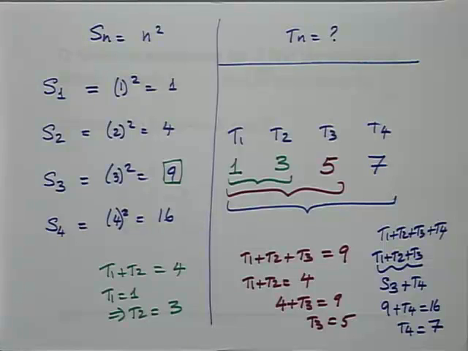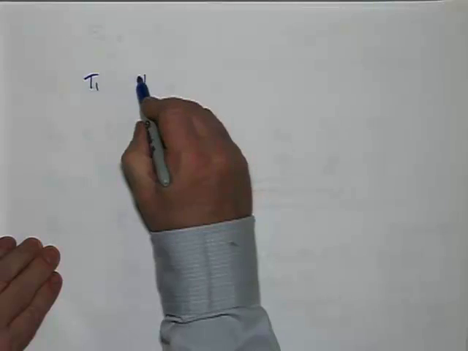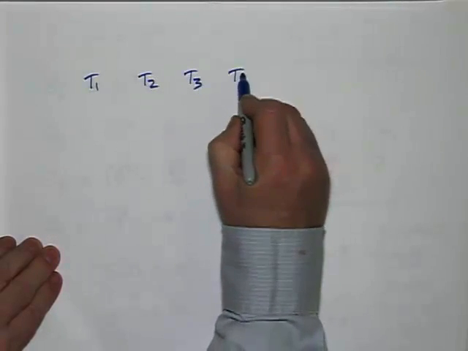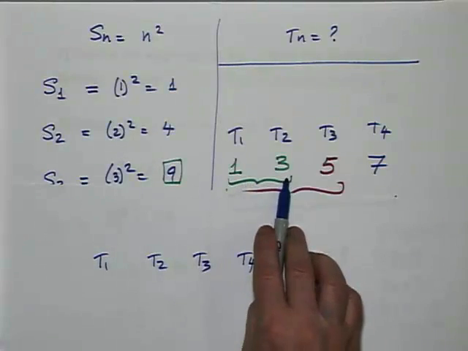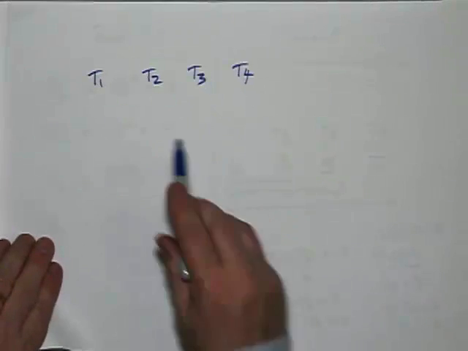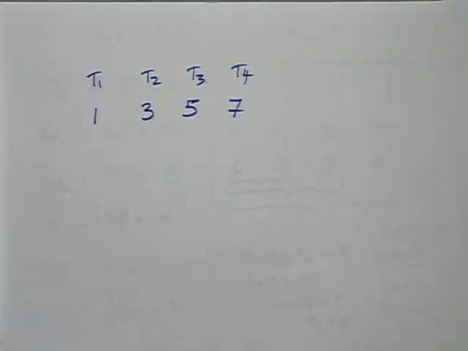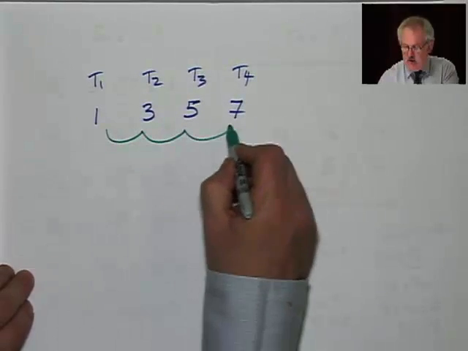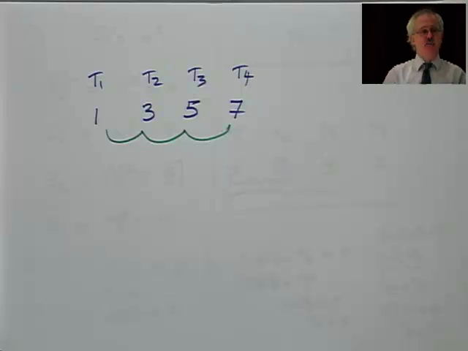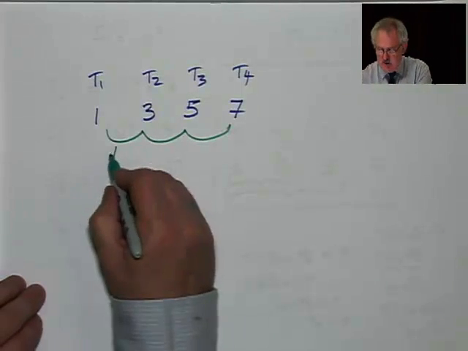So now if we were to look at the series or sequence, we'd see it's T1, T2, T3, T4 of 1, 3, 5, and 7. Does that look like a reasonably familiar arithmetic series sequence for us?